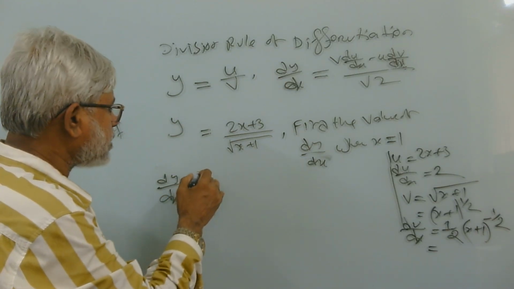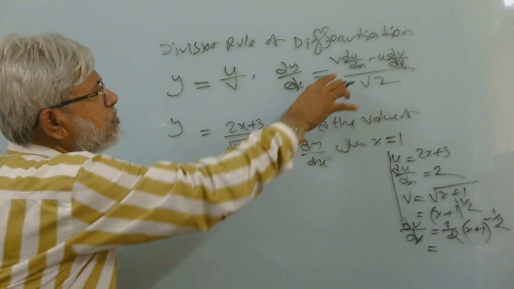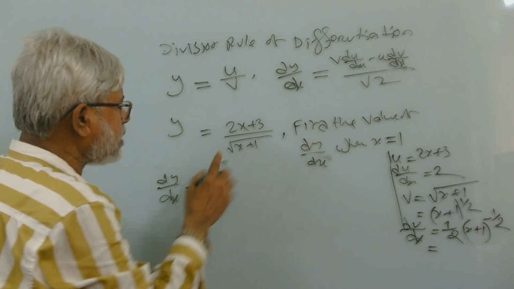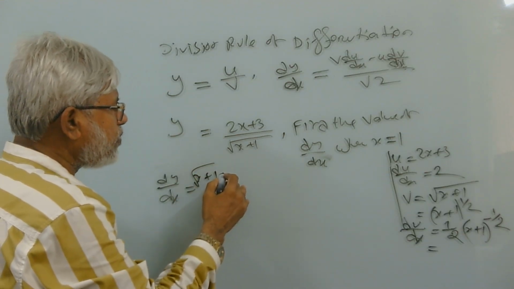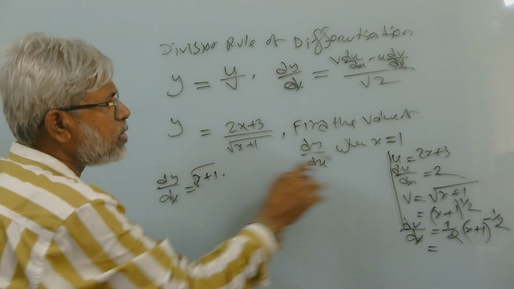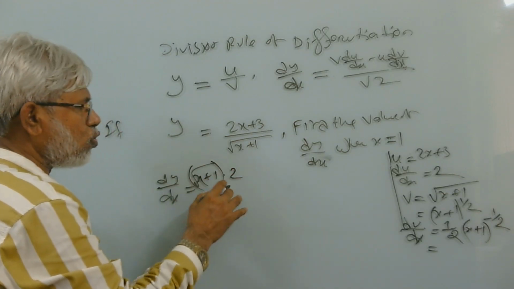dy by dx. So dy by dx is equal to v du by dx minus u dv by dx over v squared. Where is v du by dx? V means x plus 1 square root. V du by dx means du by dx is 2, so into 2.